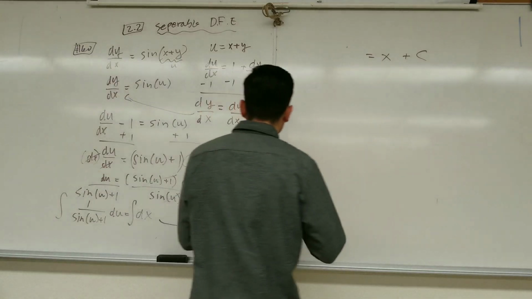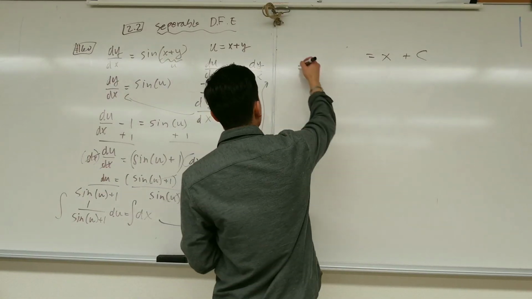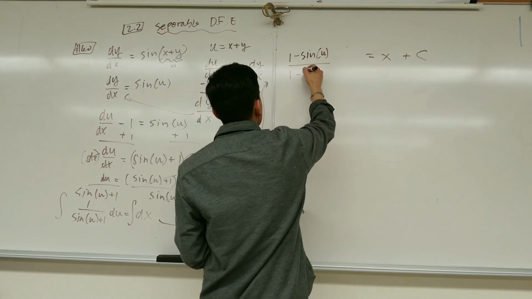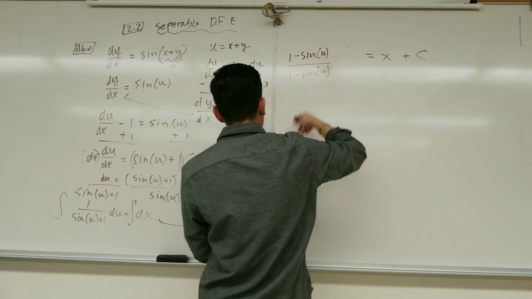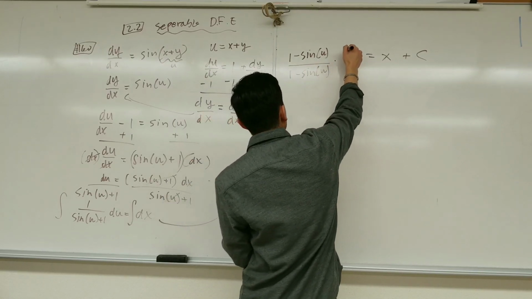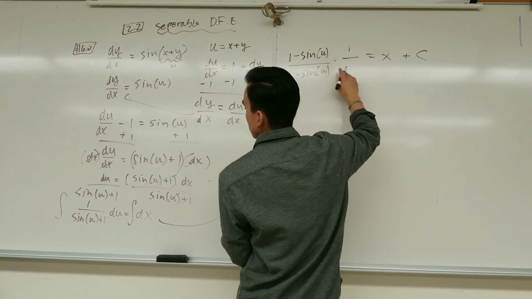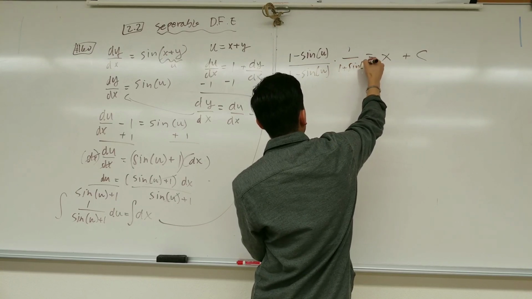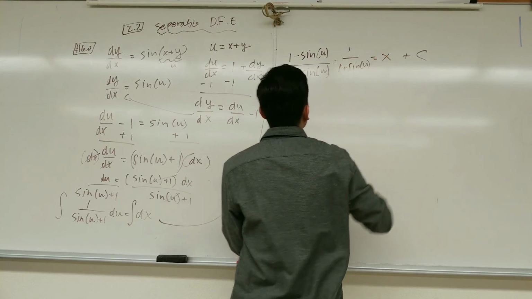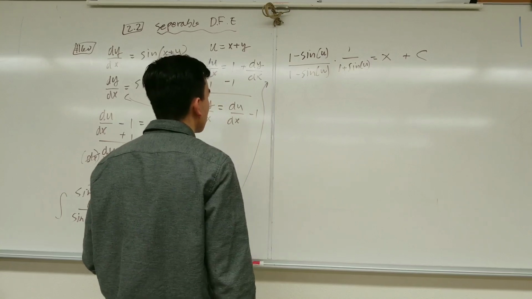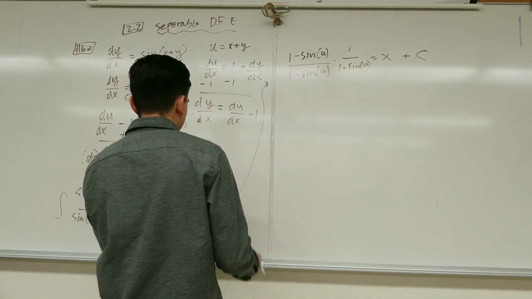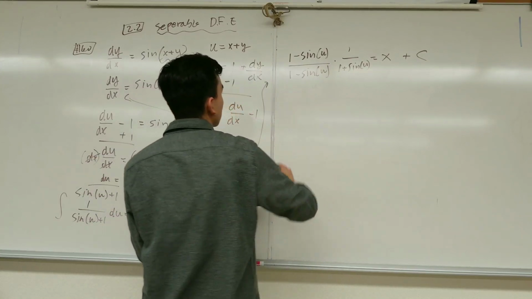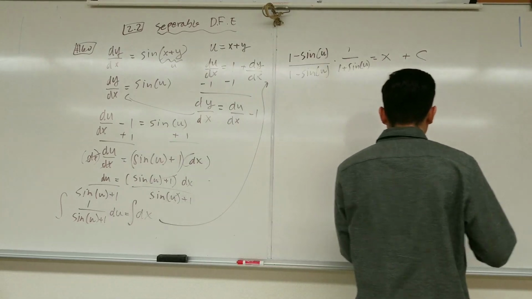All right. So I haven't integrated this yet because I'm going to manipulate it. Okay? By manipulate, I mean I'm going to multiply by the conjugate. Great, great. So let's not forget about this guy.